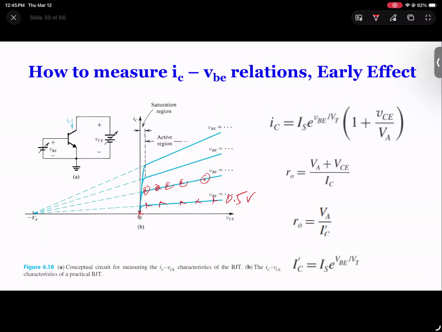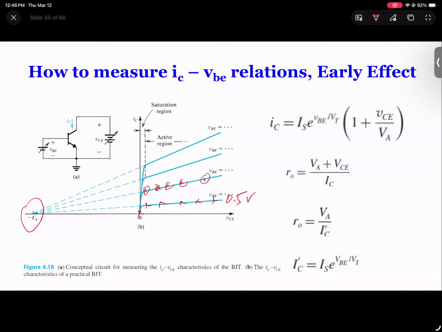And at this point, I want to explain a few things on this curve. One is that you see the actual measurement is not a flat line. It's not a horizontal line. Why? Because of what's called the early voltage. And you guys saw this in MOSFET. So this is similar to that VA. It's almost the same function. So that is going to make your device current increase as VCE increases.